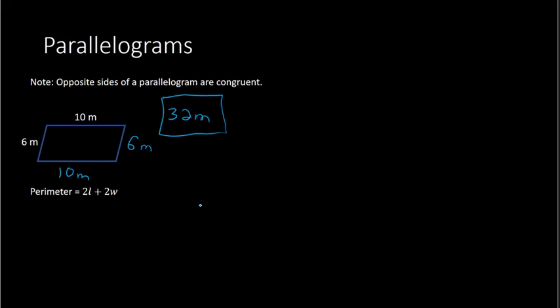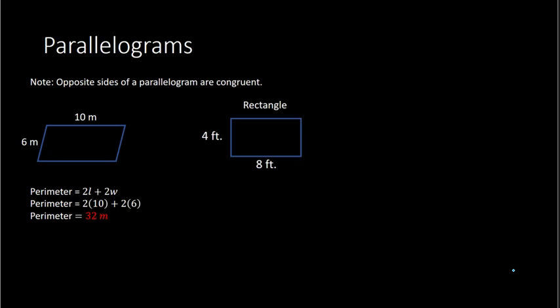So we take 2 times 10 plus 2 times 6. 2 times 10 is 20, plus 2 times 6 is 12. So 20 plus 12 would give me 32 meters. And notice that is the same thing as adding each number separately. So either way, we get the same answer, either with the formula or adding each side by itself.